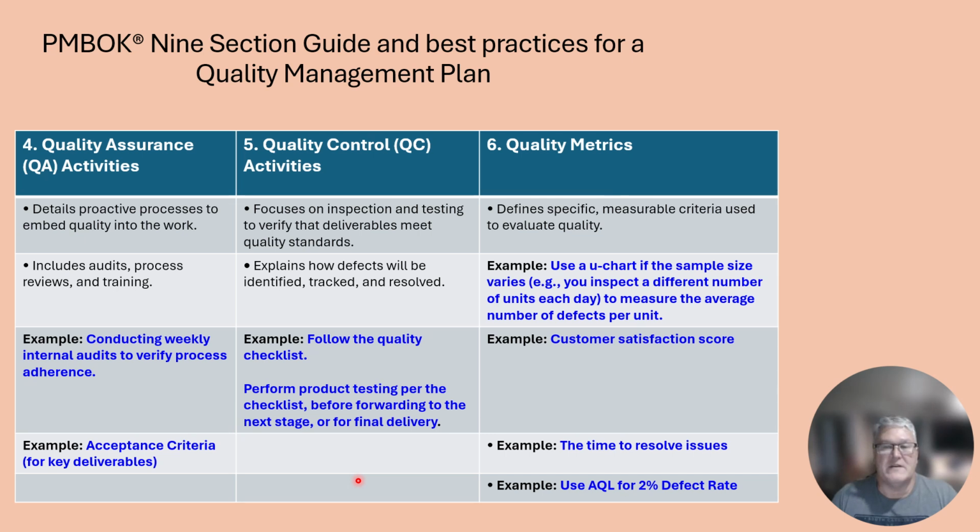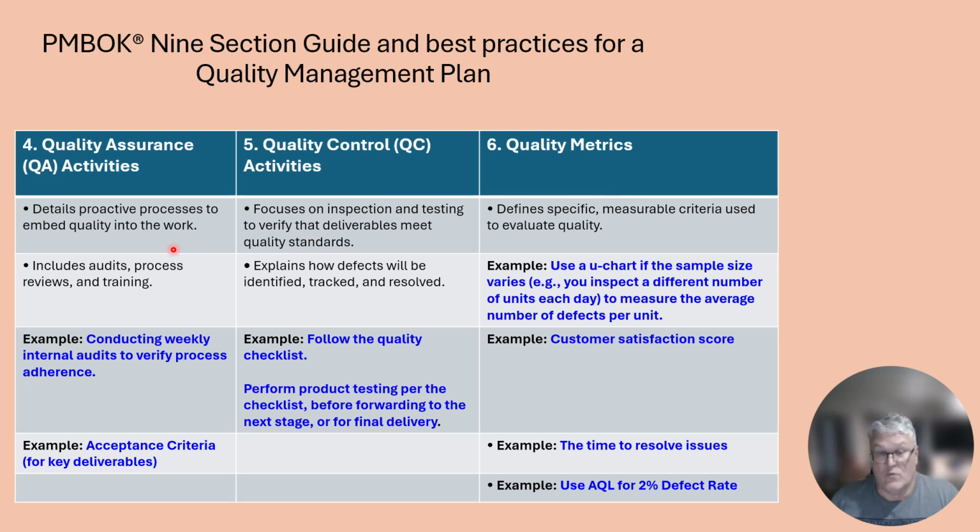Part 4 of this 9-section guide, quality assurance activities. This details proactive processes to embed the quality into the work. So in other words, before you go on to another process, you probably have done some type of checklist or some quality assessment to make sure and go, yes, we checked this, now it can go on.